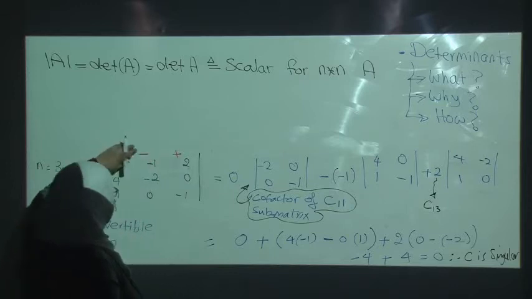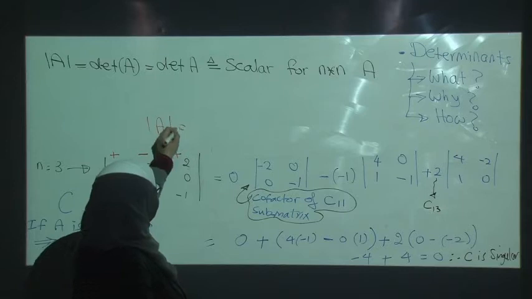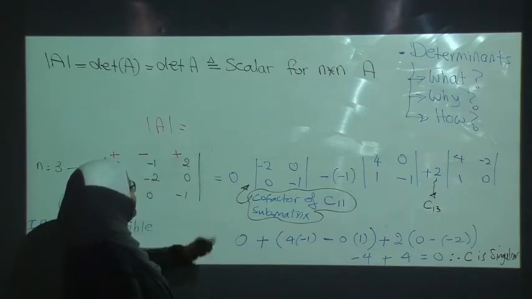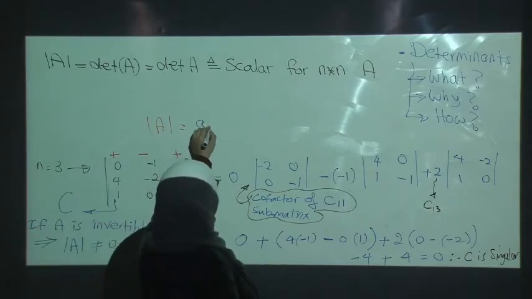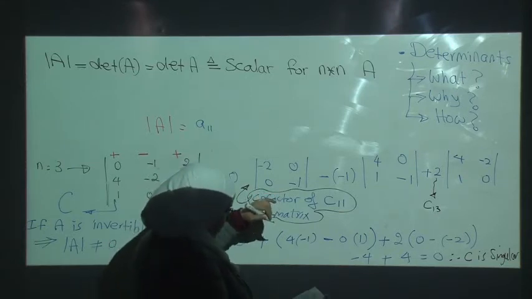From what we wrote here, it seems that the determinant of A is equal to A11 times the cofactor of A11, right?